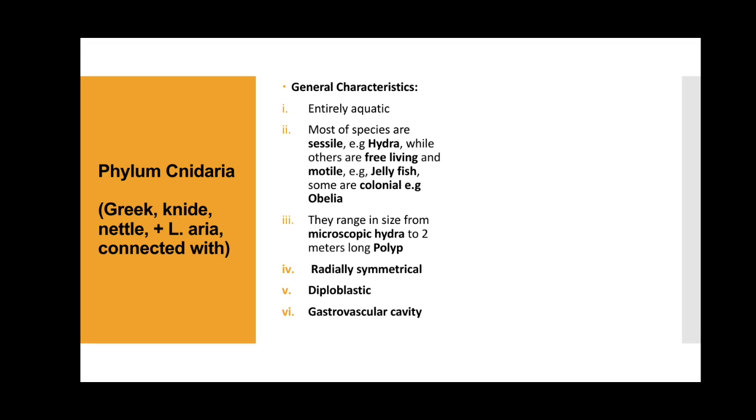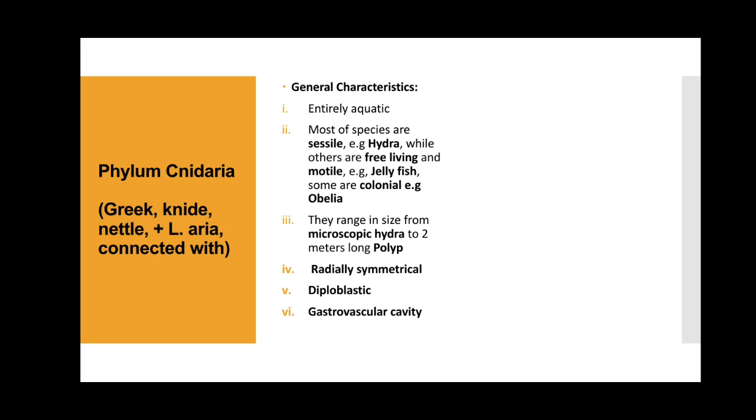Now we will talk about the general characteristics of phylum Cnidaria. Cnidarians are entirely aquatic. It means all of them are found in water bodies. For example, some of them are marine and few are found in fresh water, that is hydra.